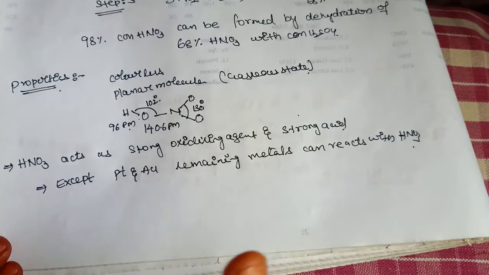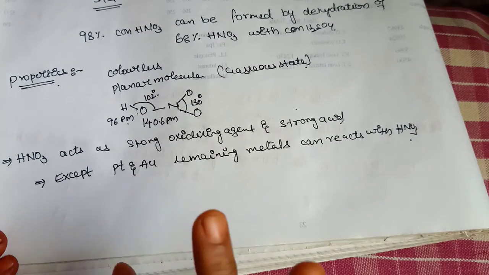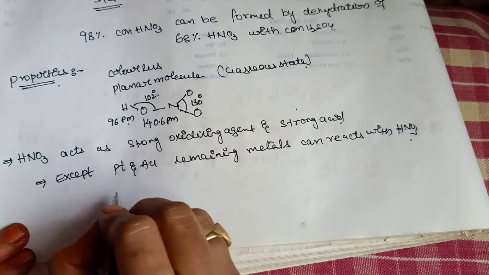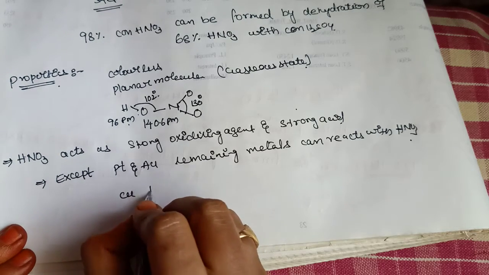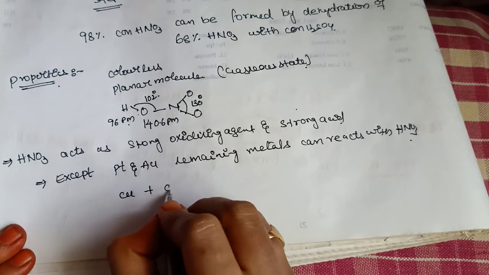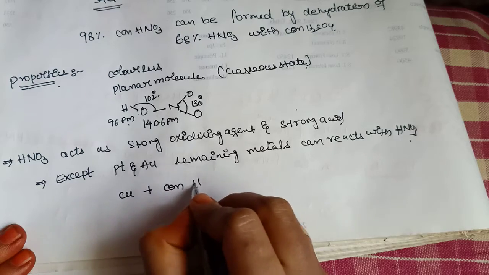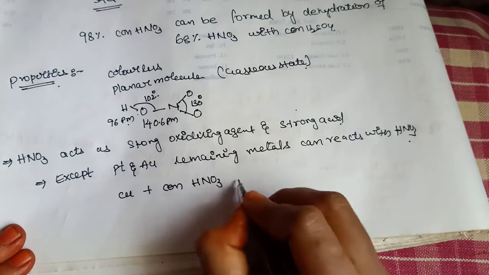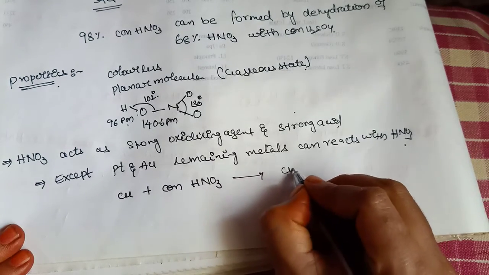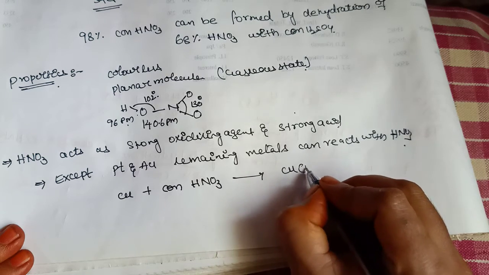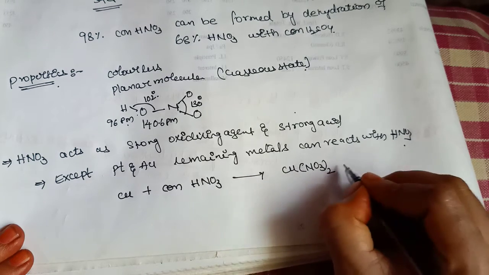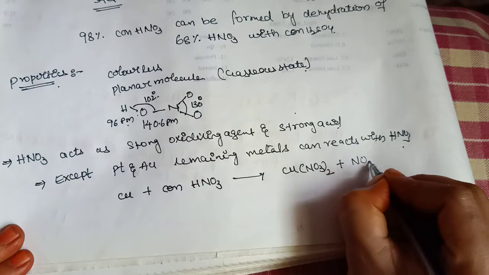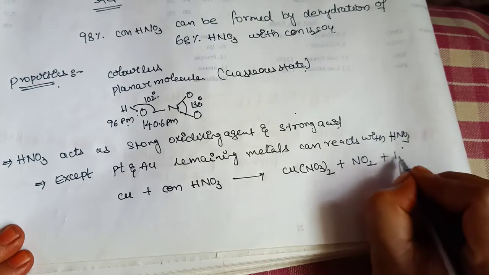Suppose copper metal reacts with concentrated HNO3. It gives copper nitrate, Cu(NO3)2, plus nitrogen dioxide plus water.